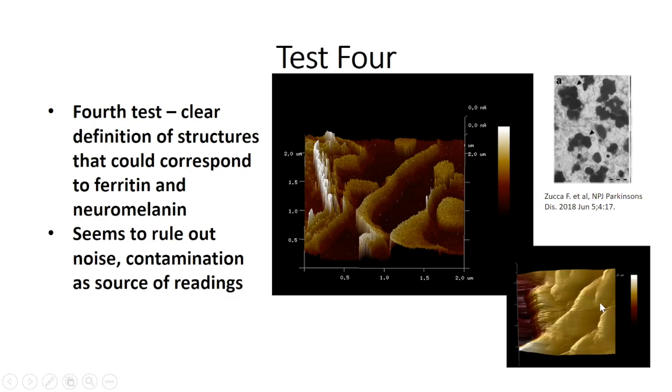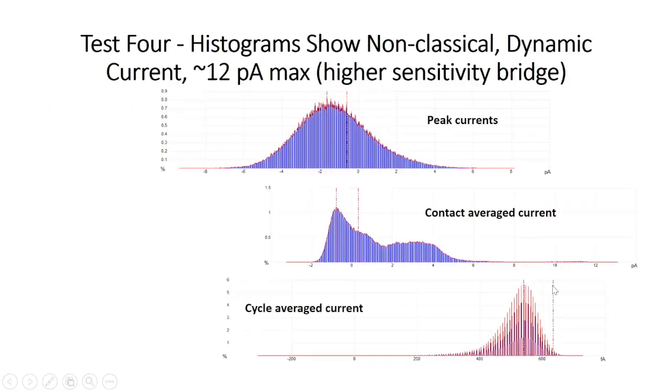And this is a height measurement showing that these measurements do not correspond to surface features but are underneath the surface material. The current histograms for the fourth test also show positive currents and dynamic current behavior that is non-classical. The zero current points are aligned for these three histograms, but the scale on the lower one is different.